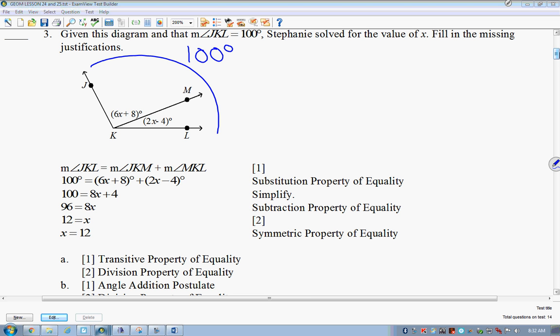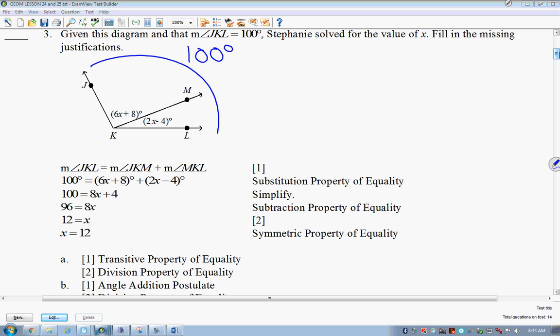Usually that would be the first thing, but all they're really stating there is that measure angle JKL equals 100 degrees. So if we were going to have a given, that would be it. Okay, the answer to this would be in lesson 2 or 3 of your book.